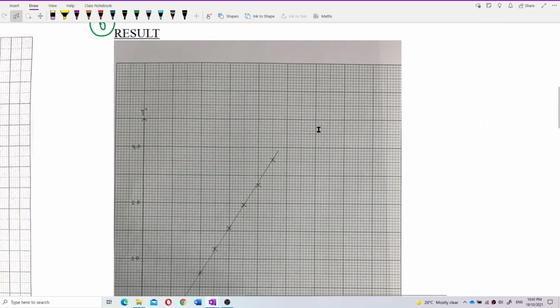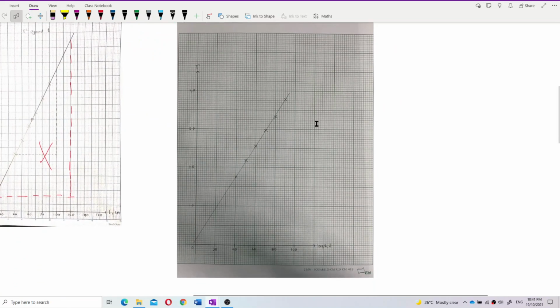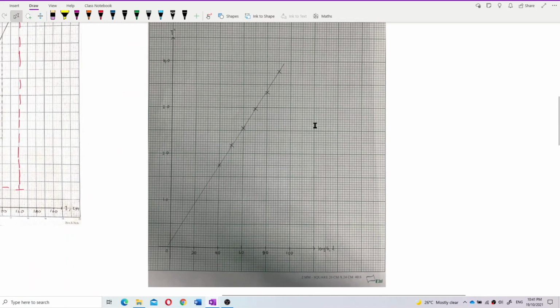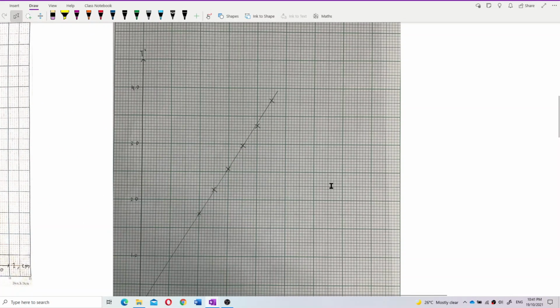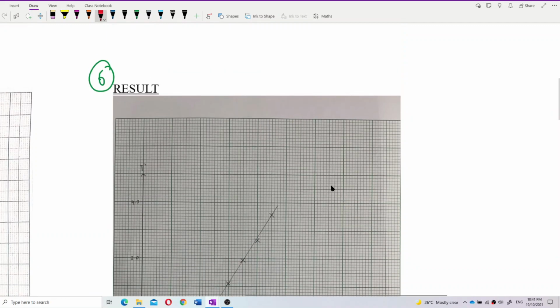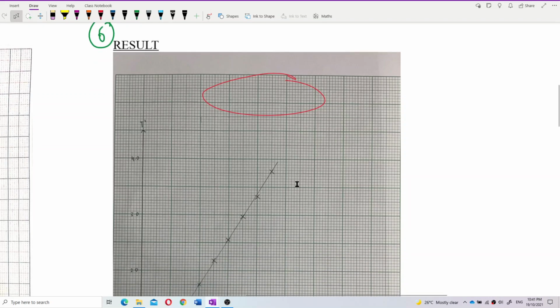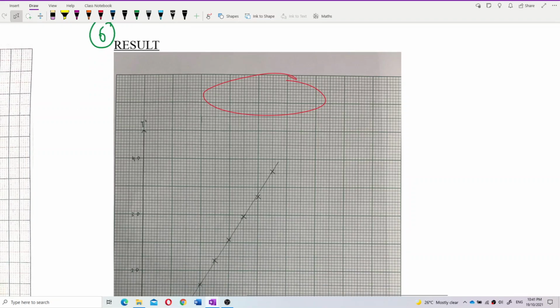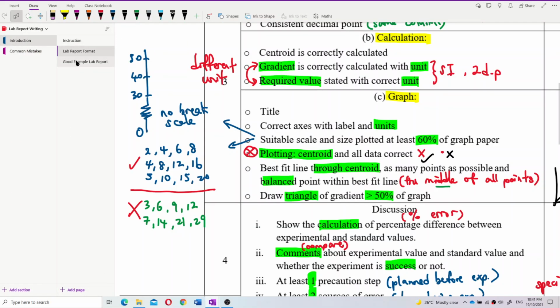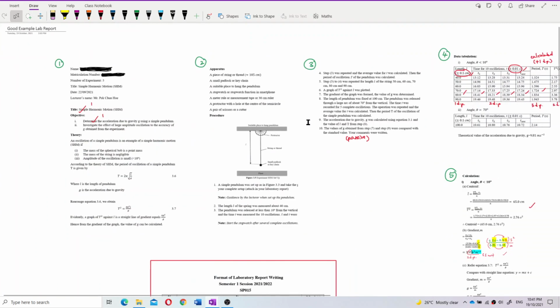Now this one. I see again this person. I don't say this student, this person. Where is the title? This is what I call this student. I can tell this student doesn't do the job properly. Not like the students with good example lab reports.